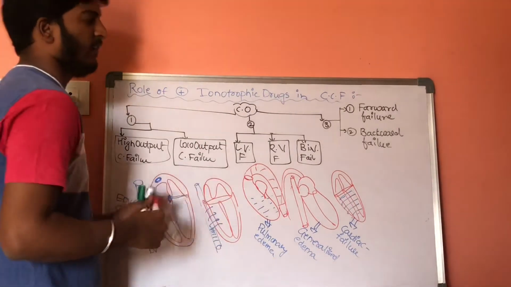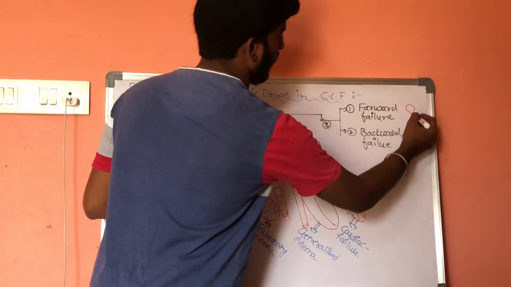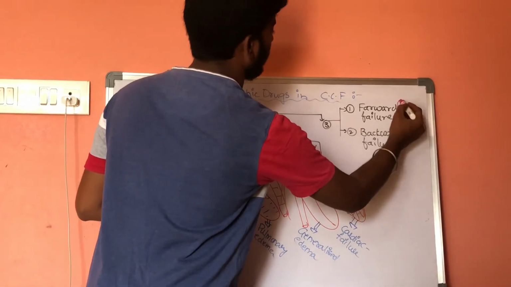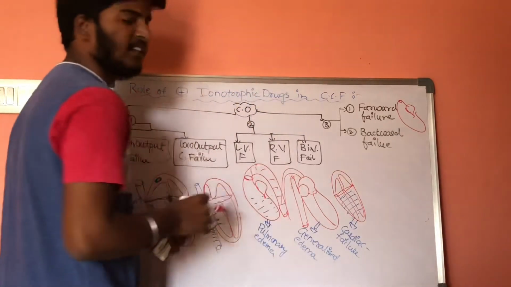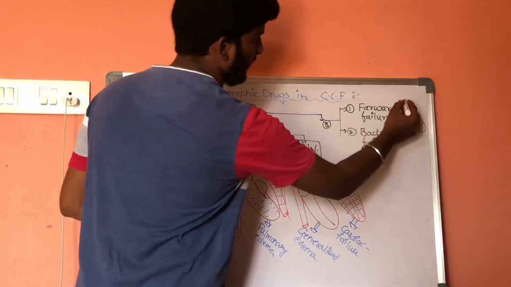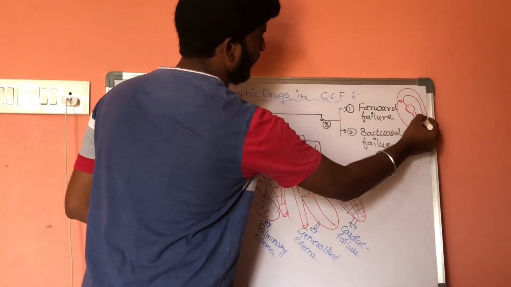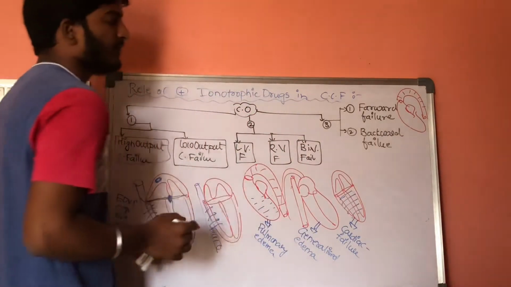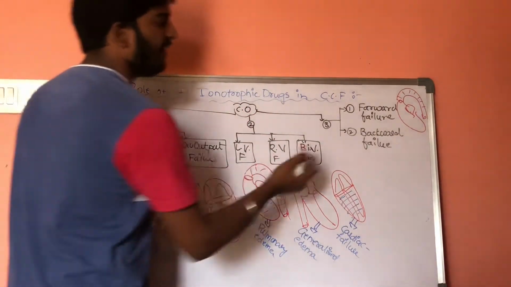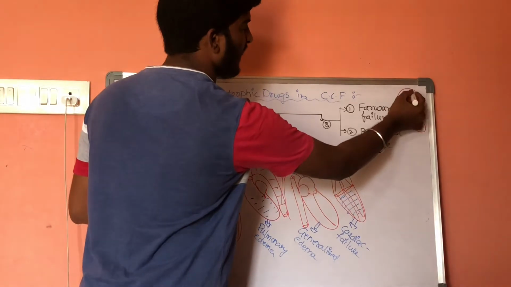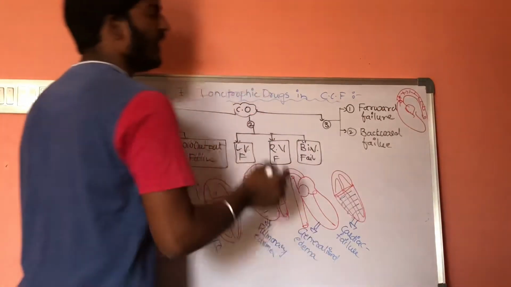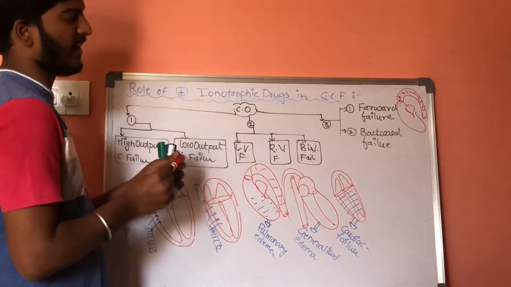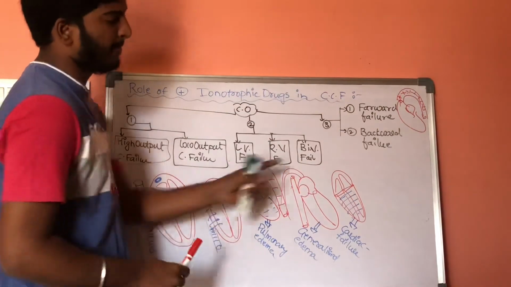In forward failure, let us consider the left ventricle. Whenever this left ventricle contracts, the blood should flow towards the aorta. Now, in forward failure, it fails to pump the blood in the forward direction. That is called forward failure.